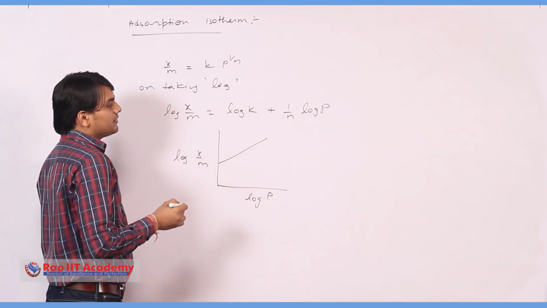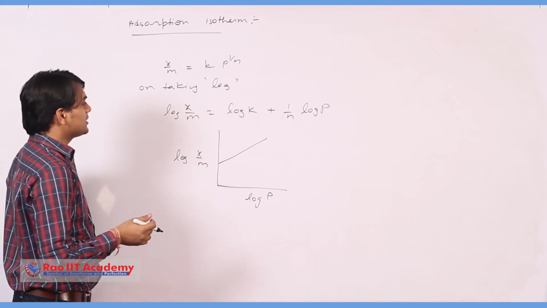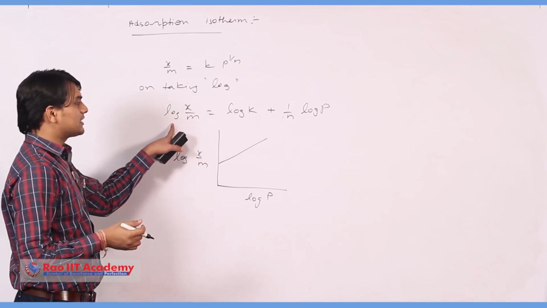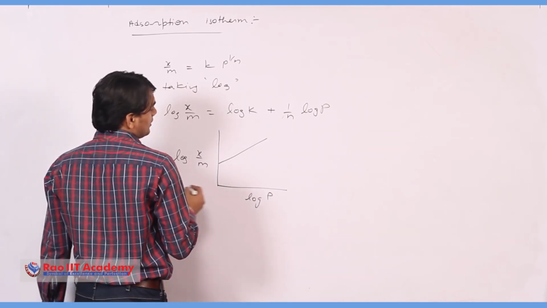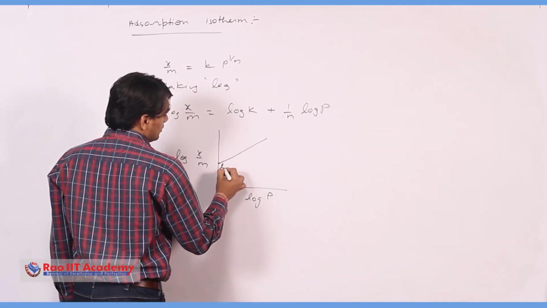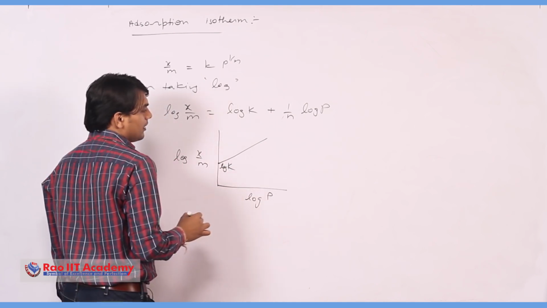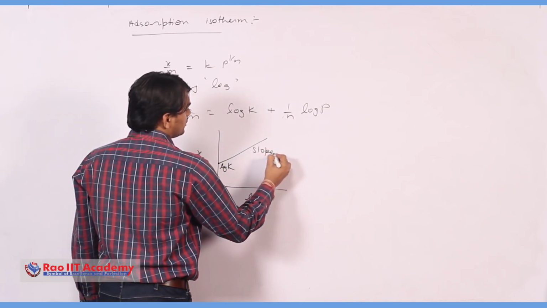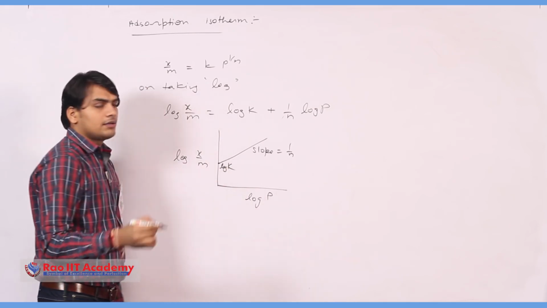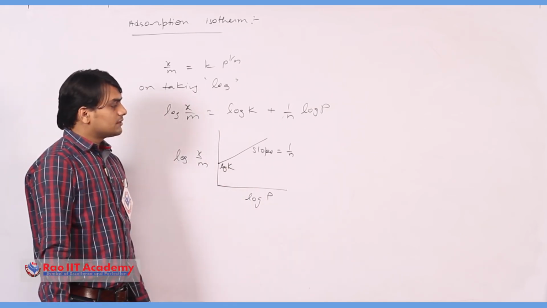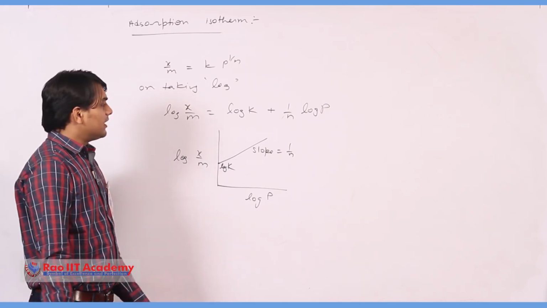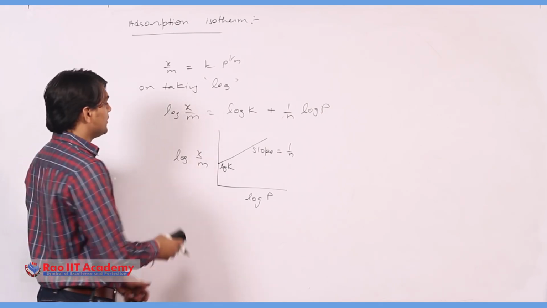Above, y is log x by m, x is log P. So, the intercept is log K and the slope, which is positive, is 1 by n. So, by taking this straight line graph, we can find the values of K and n easily.